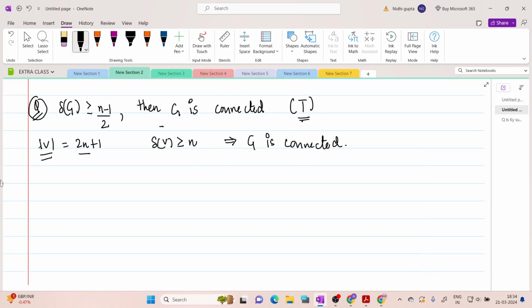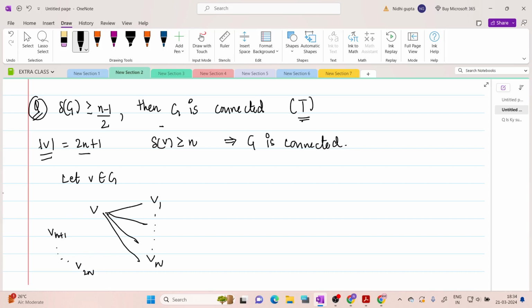Suppose v belongs to G. Since the minimum degree is n, v has at least n neighbors, v1 to vn, and then we have some leftover vertices, vn plus 1 to v2n.